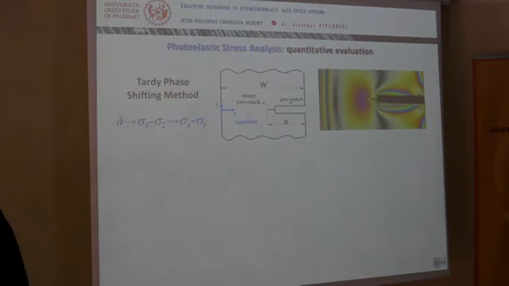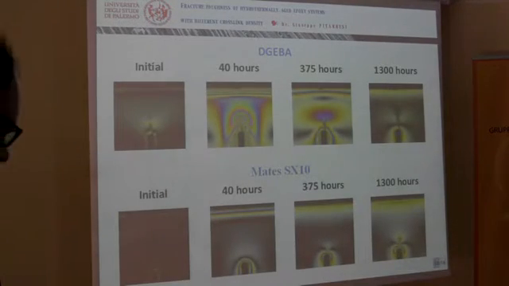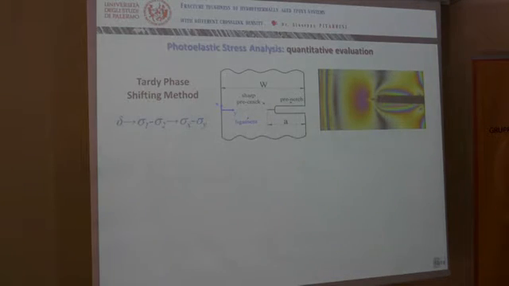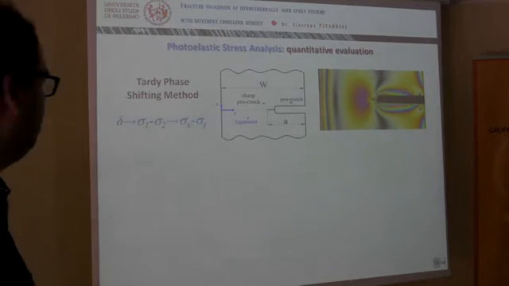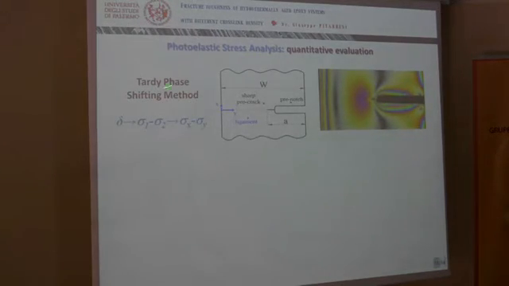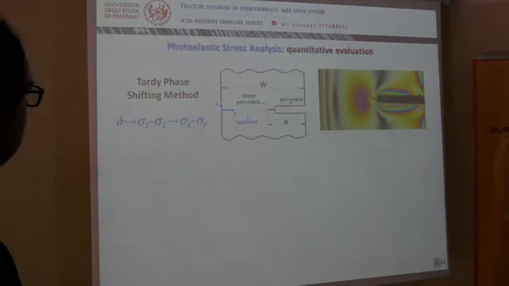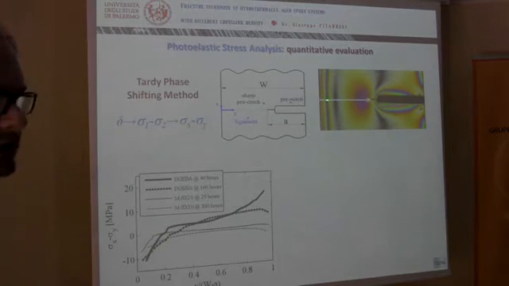Okay, we also have performed a quantitative evaluation of stresses by using a technique that is called Tardy phase shifting method. I cannot give you details of this technique because of time, but basically this technique is able to quantify the quantity sigma x minus sigma y in the ligament section of the sample, which means basically in this section here.